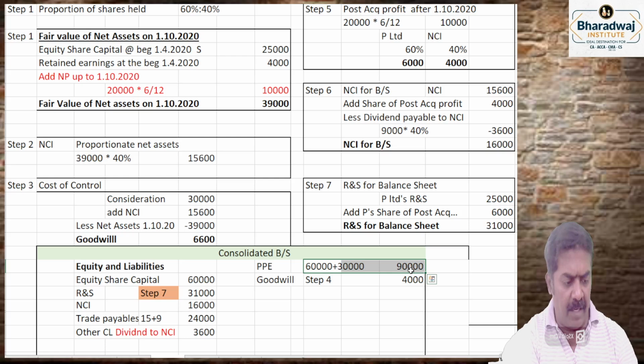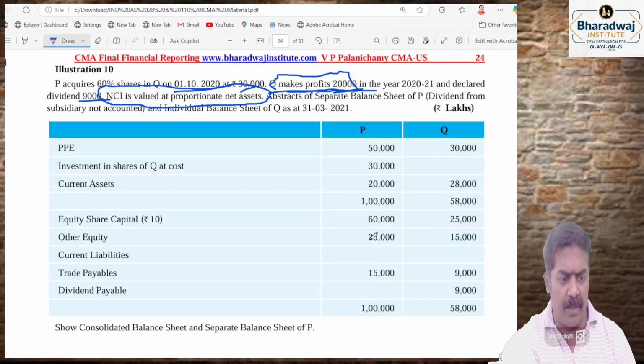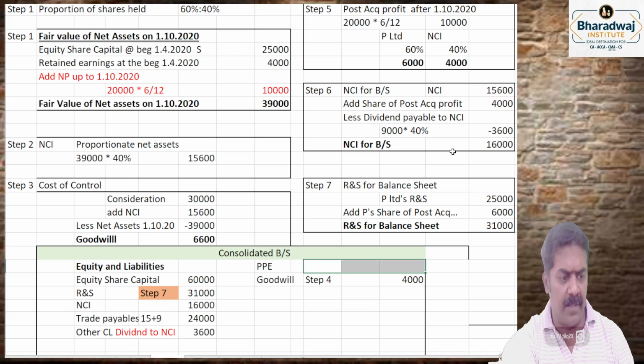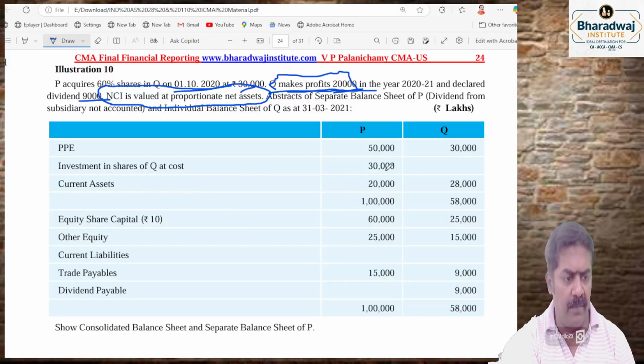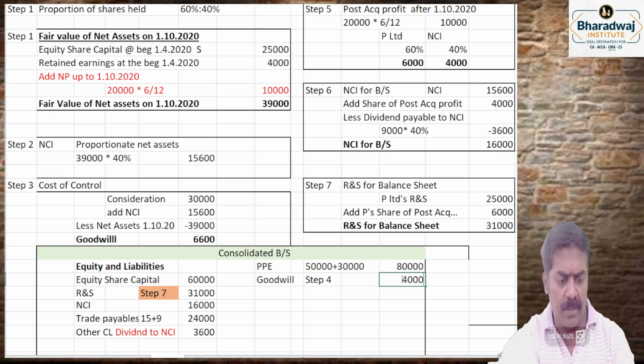Asset side, plant property equipment. What is the plant property equipment value? 50 plus 30, how much? Goodwill, we worked out. How much?